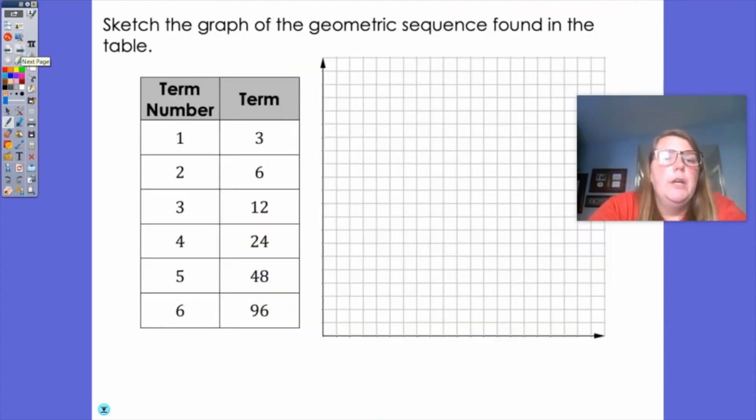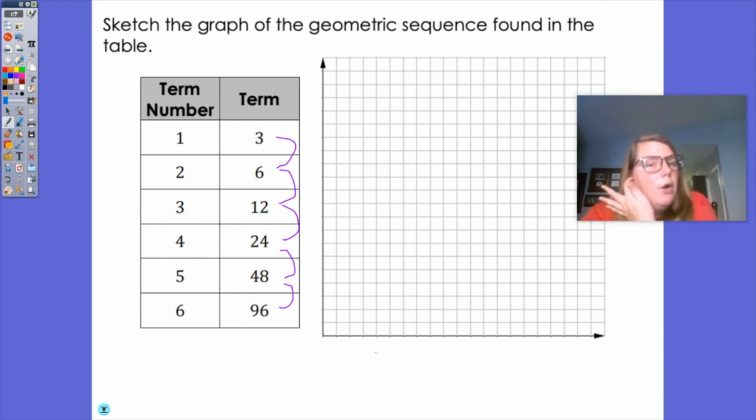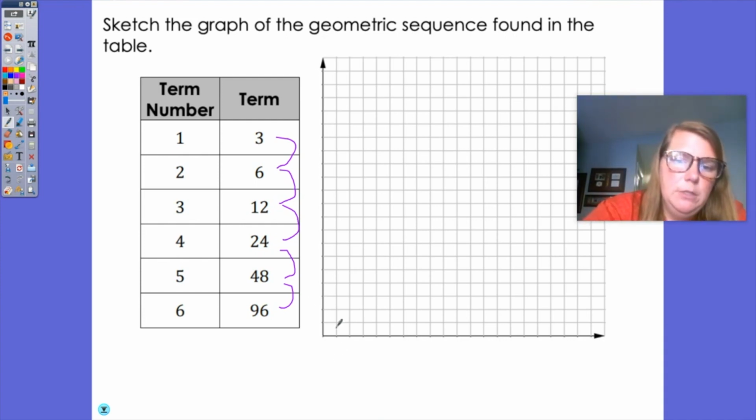All right, so we want to go ahead and just sketch this graph from this sequence. So what's happening each time? It is going to be multiplied by 2. So I'm going to go ahead and say that my x-axis is going to go up by 1s, and we'll say my y-axis is going to go up by 5. So my first term is 3, which would be about right there.